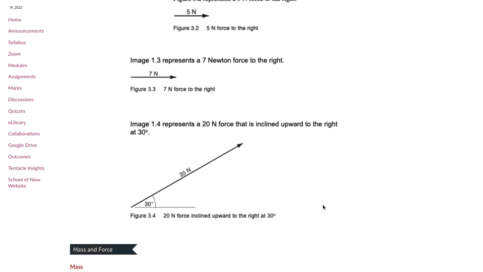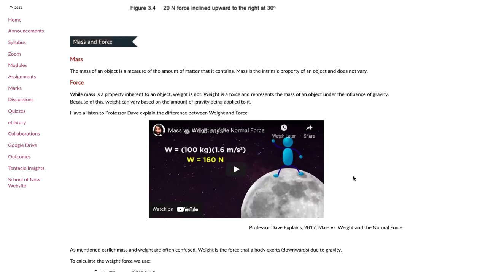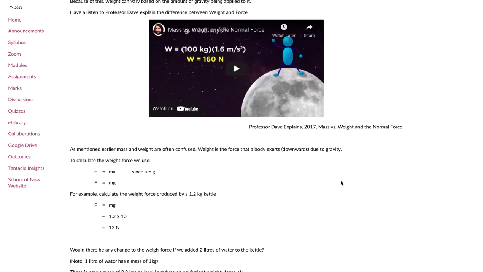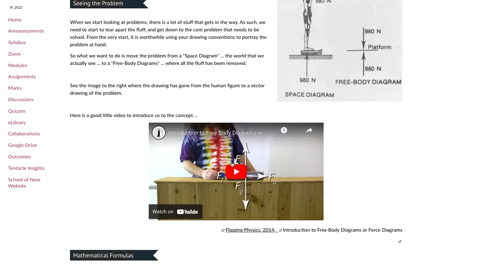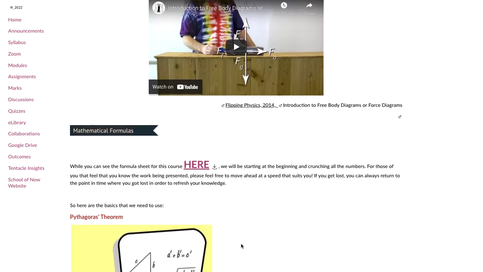A few little examples there of how we do drawings. Video on mass versus weight, have a look at that, which is good. And then some other little videos to introduce you to the force, from space diagrams to free body diagrams, to see how we're drawing it.